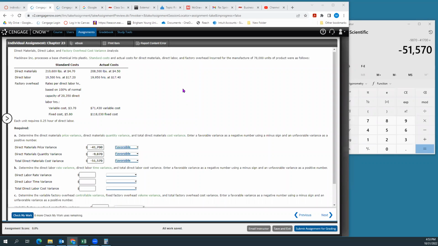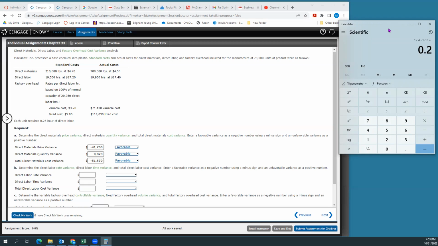Okay, so we're talking about direct labor rate variance. This is the variance based on the fact that our direct labor rate is different than what we planned for. To find that, we take our actual rate per hour, which was $17.40, and subtract our standard rate per hour of $17.20. So there's a 20-cent difference between our standard rate per hour and our actual rate.